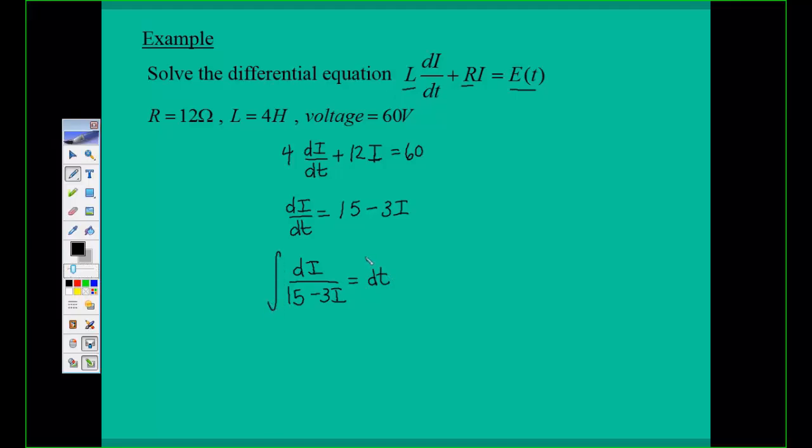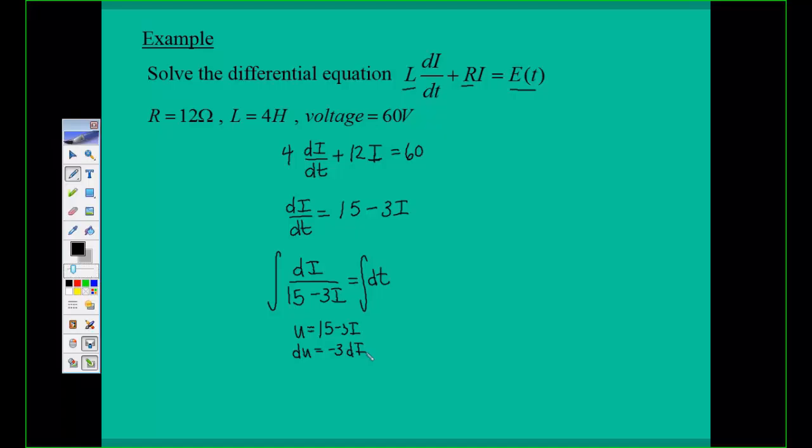Let's take the antiderivative on both sides. Now, if we used u substitution for this integral, we could let u equal 15 minus 3i. So du would equal negative 3 di.